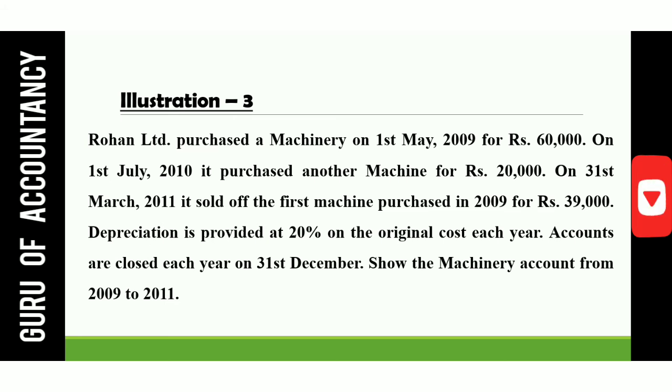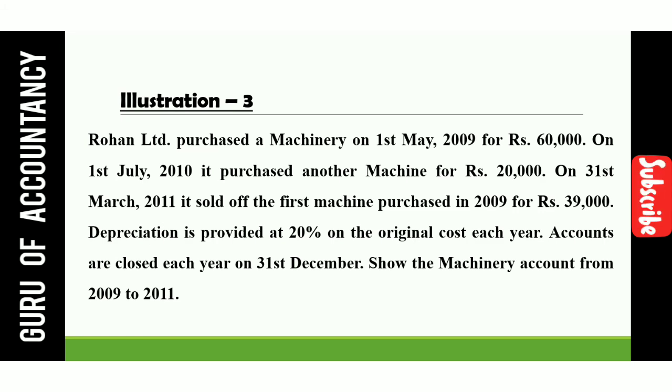So now on this machine we will charge depreciation for 3 months in 2011, because January, February and March, so 3 months depreciation. So let us make it clear. In 2009 we charge for 8 months. In 2010 we charge depreciation for 12 months, and in 2011 depreciation will be charged only for 3 months.